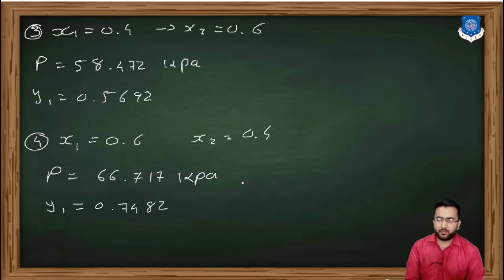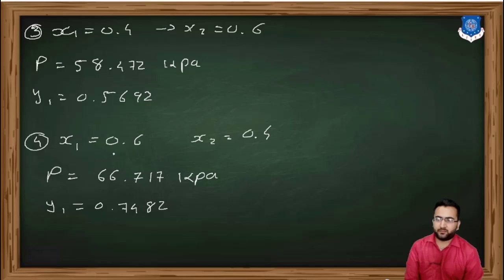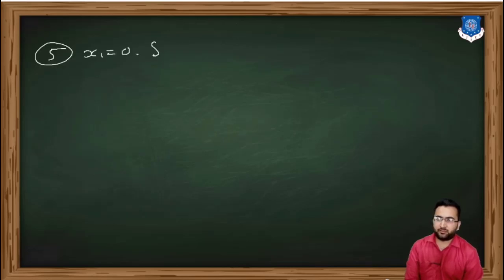0.7482. Similarly, for iteration 5, here we are going to take x1 as 0.8, so x2 becomes 0.2.